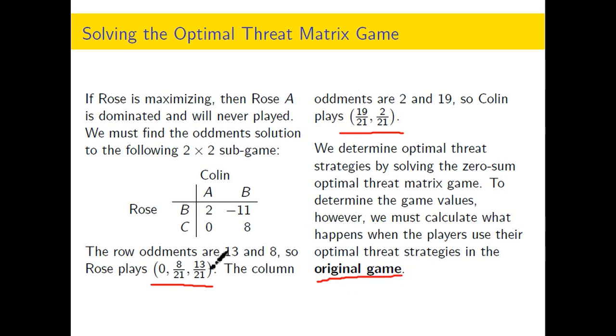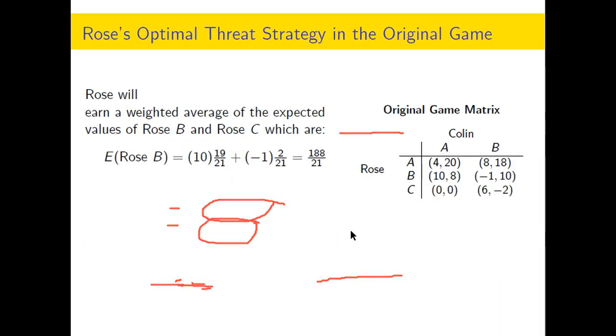So remember, Rose is going to play B 8/21 of the time and C 13/21 of the time. So her value in the original game will be her value for playing B times 8/21 plus her value for playing C times 13/21. So we're going to have a weighted average of her outcomes. And you can see that here.